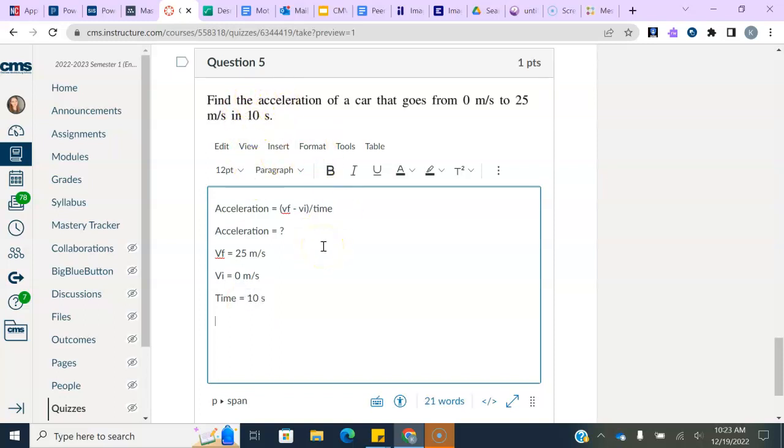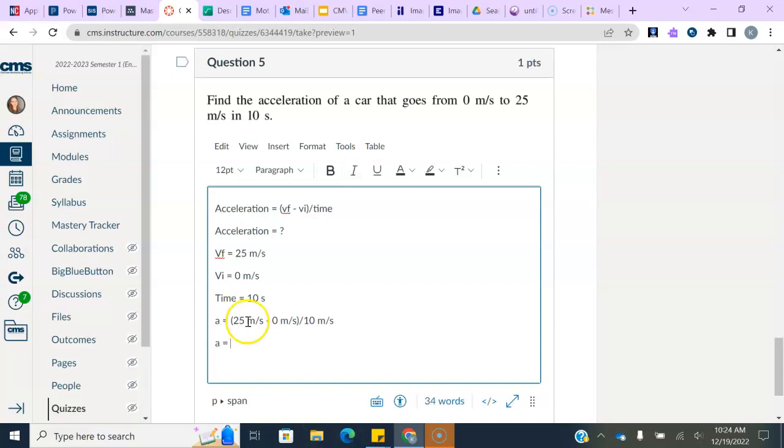So now let's plug this in. Our acceleration is going to be equal to our VF, which is 25, minus our VI, which is 0, divided by our time, which is 10. The biggest thing about these formulas is being able to identify the variables, because once you can do that, then it's just plug and chug.